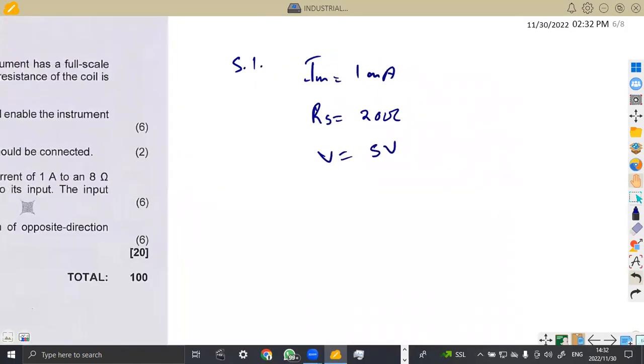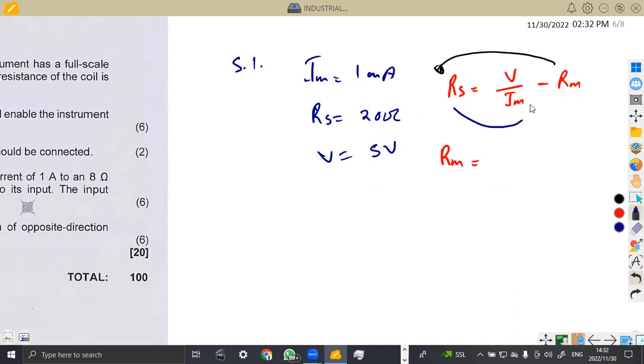So how do we calculate RM? We can just take it from the formula. Remember that RS is equivalent to V over IM minus RM. Now you want to calculate RM, so you can transpose it to the left-hand side. It is going to be positive RM. Then we transpose RS to the right-hand side, which is going to be a minus.